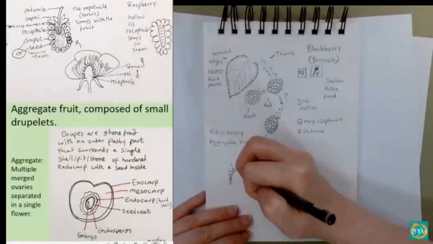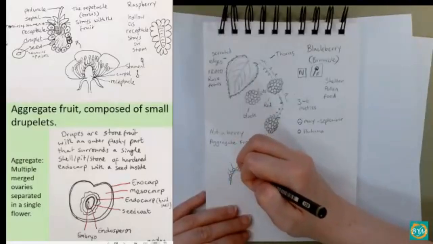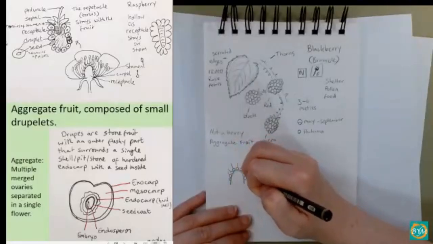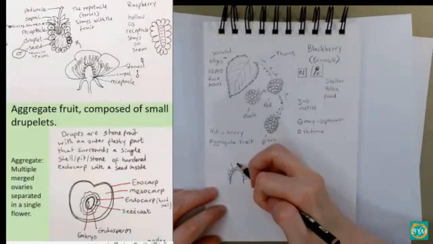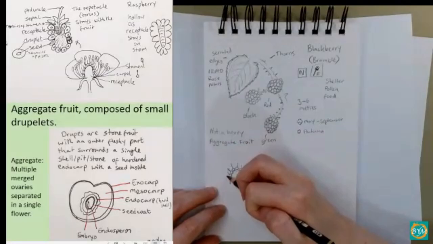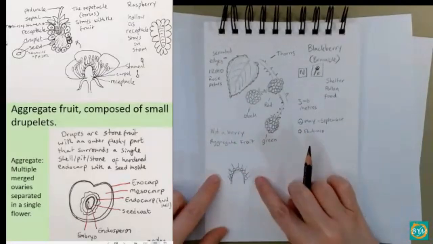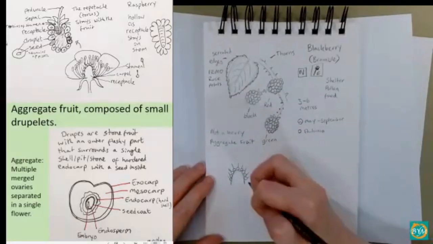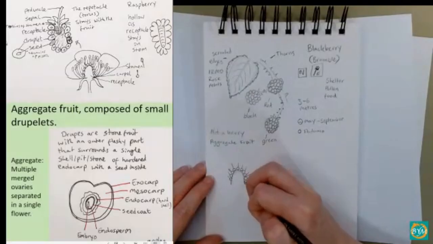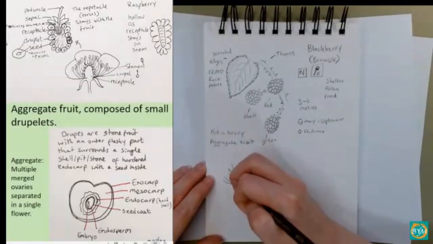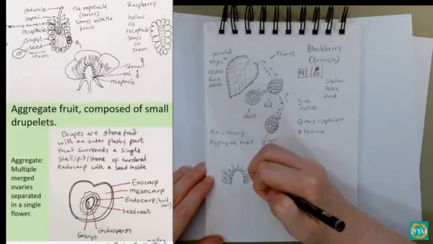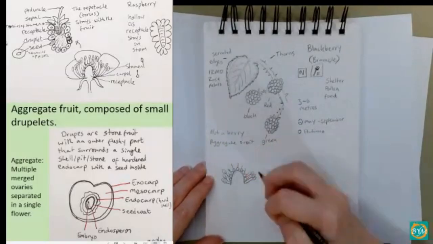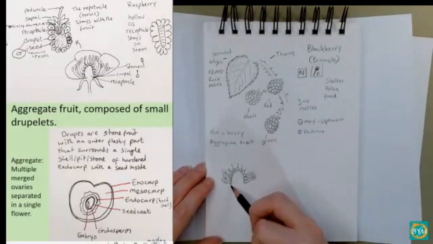And on top of those will be the style and the pistil. So this is where those are going to get pollinated, and then perhaps amongst them or slightly underneath them there are going to be stamen as well. So that's the central structure of our flower.